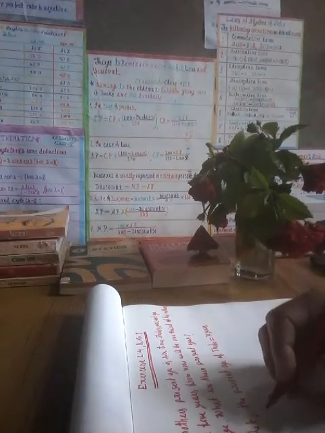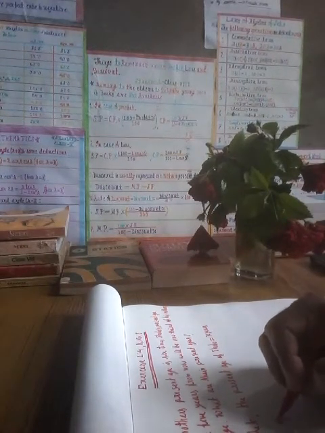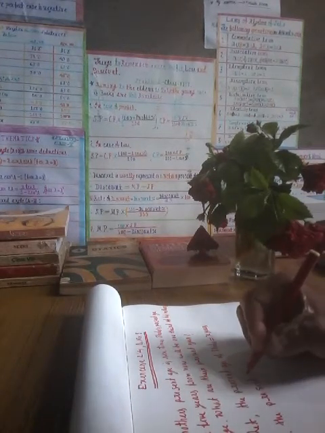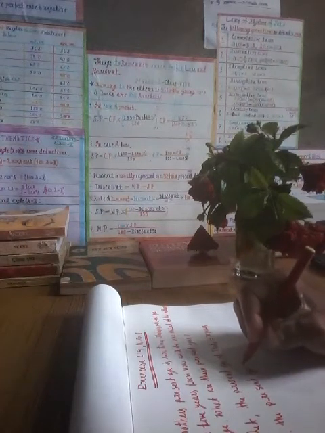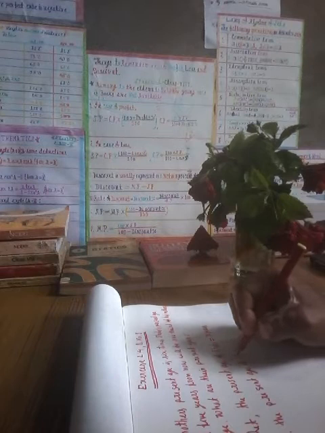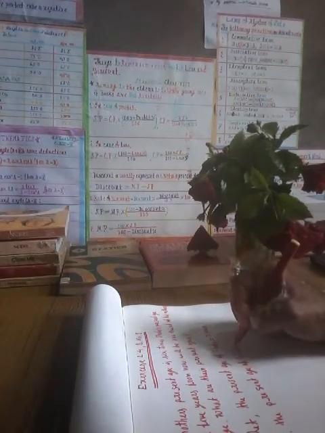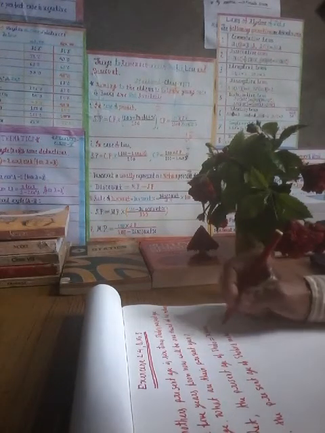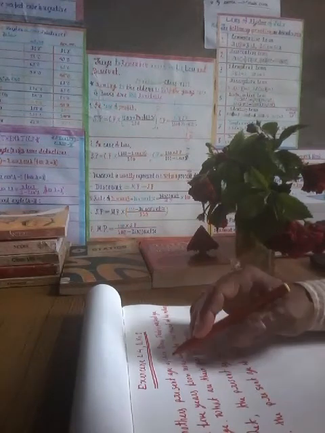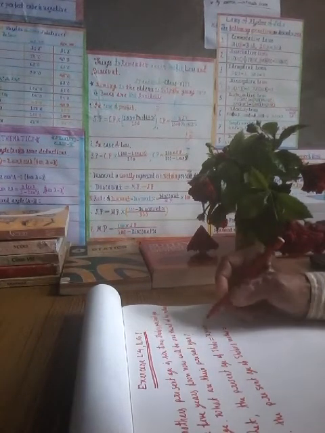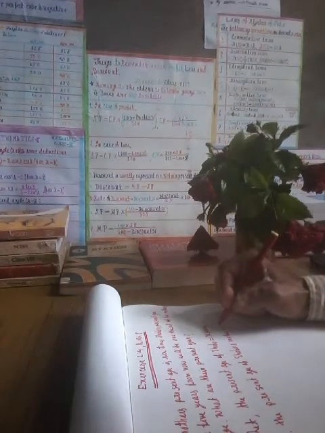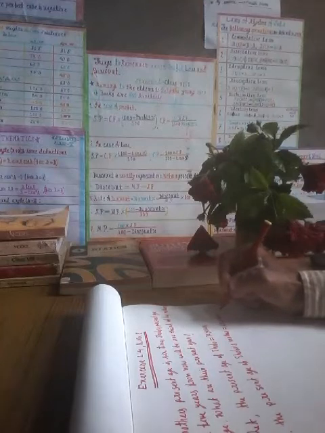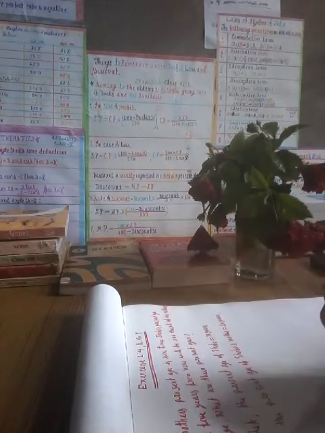Therefore, the present age of Subhu's mother is equal to, according to the first part of the question, 6 times x, so it will be 6x years.